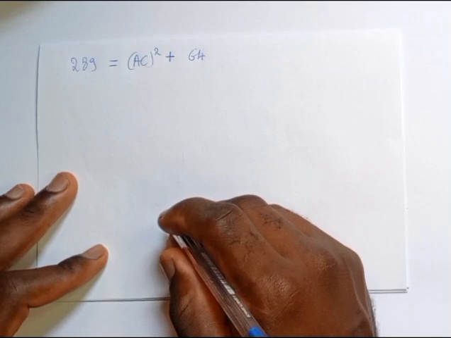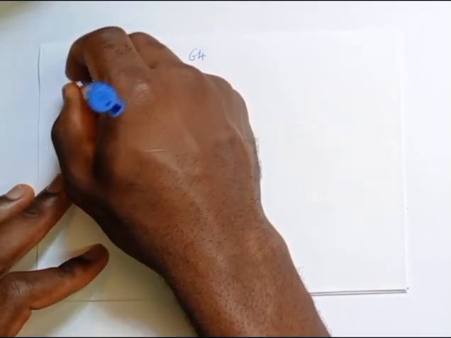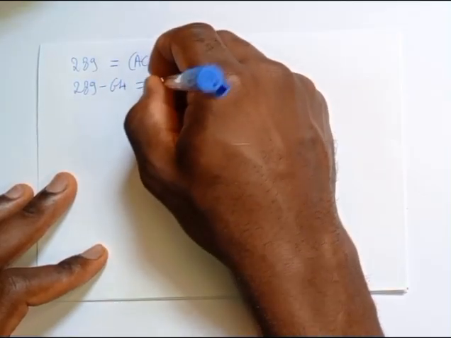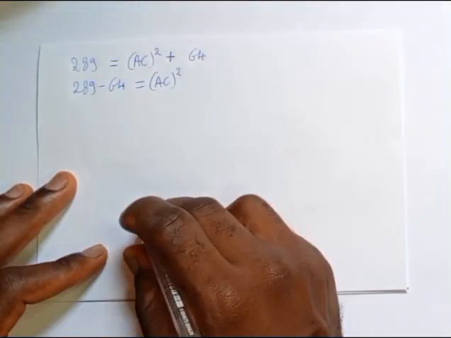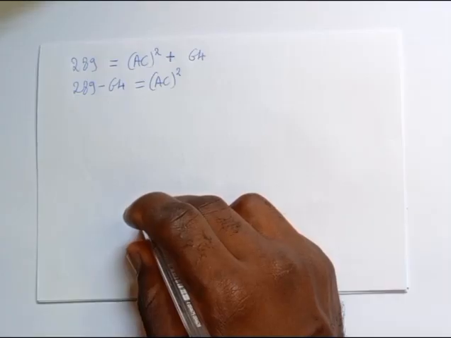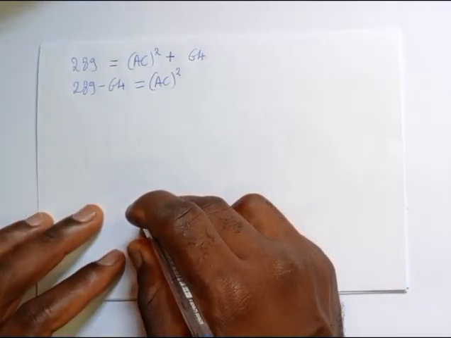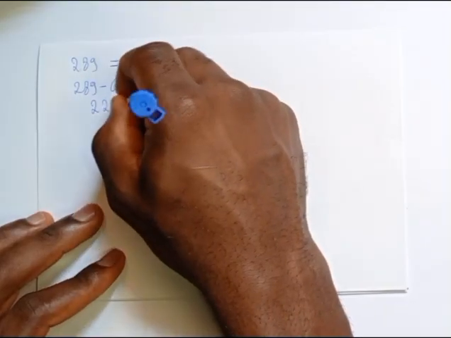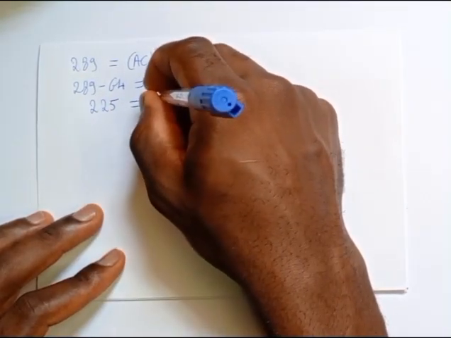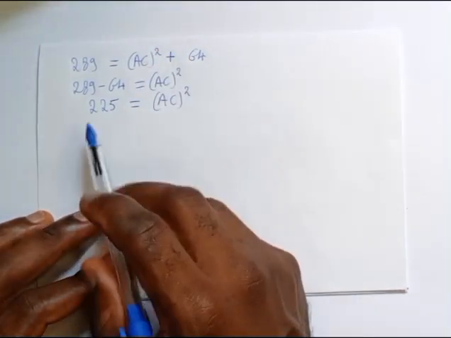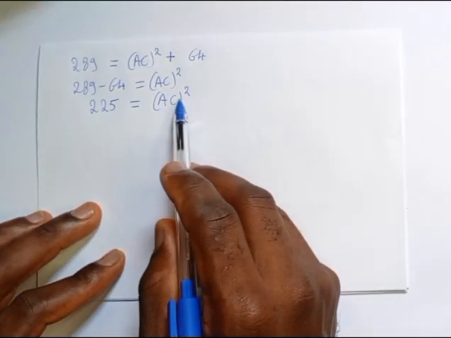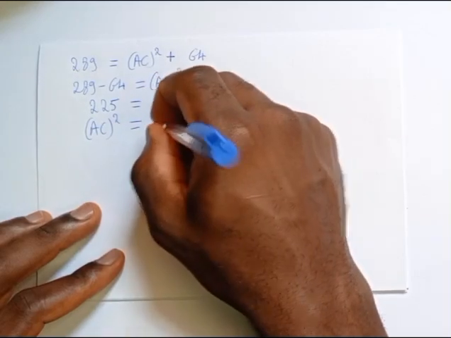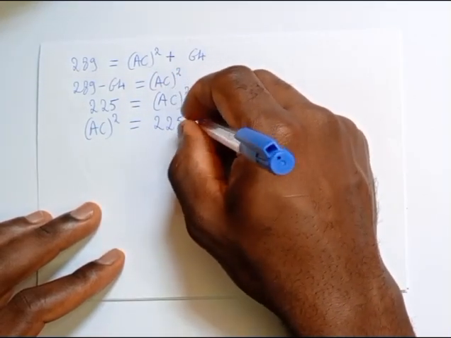Next, we are going to transfer 64 to the left hand side. This will give us 289 minus 64 is equal to AC squared. 289 minus 64 gives us 225 is equal to AC squared. 225 equal to AC squared is the same as saying AC squared is equal to 225.